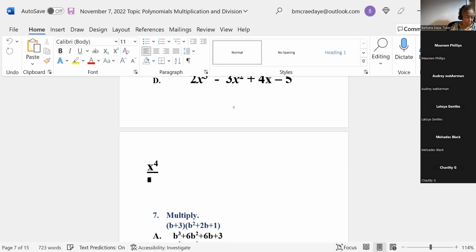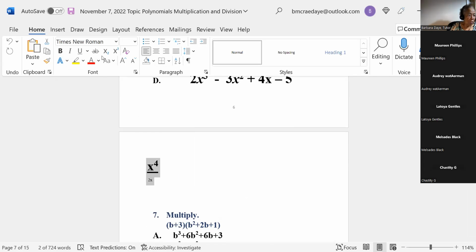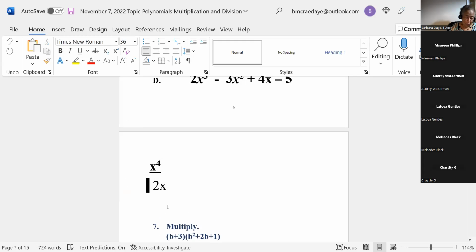I'll make this bigger so you can see it all. So there's the first one, x to the 4th. And what did that give you, Latoya, when you divided that out? What did you get? It gave me 1x to the 3rd over 2.